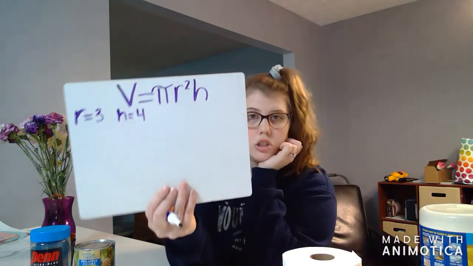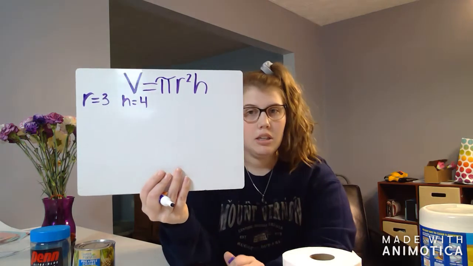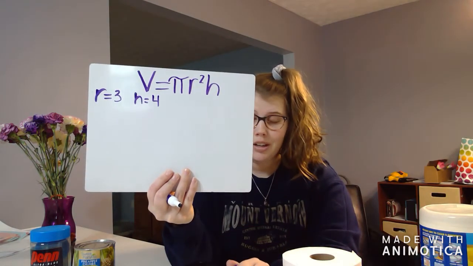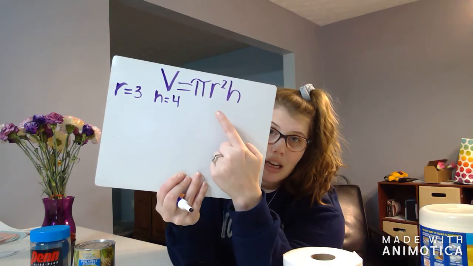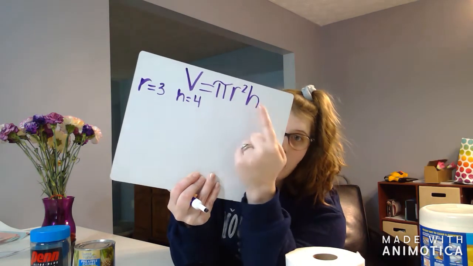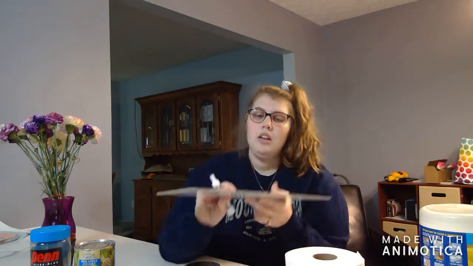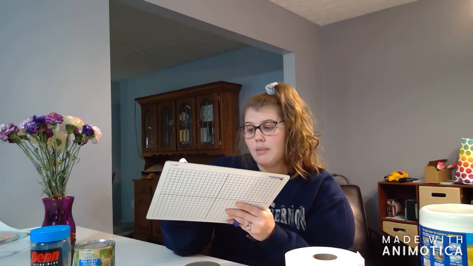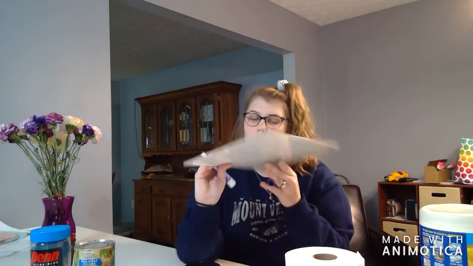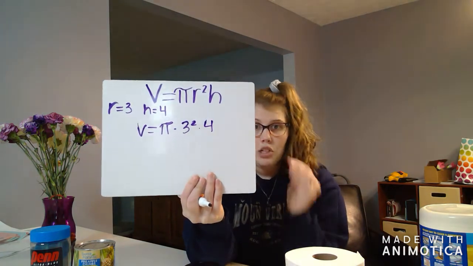They gave us these two pieces of information. 3 is radius, h is 4. All we're going to do is plug it into the formula. Volume equals pi times our radius squared, so 3 squared, times our height, which is 4.